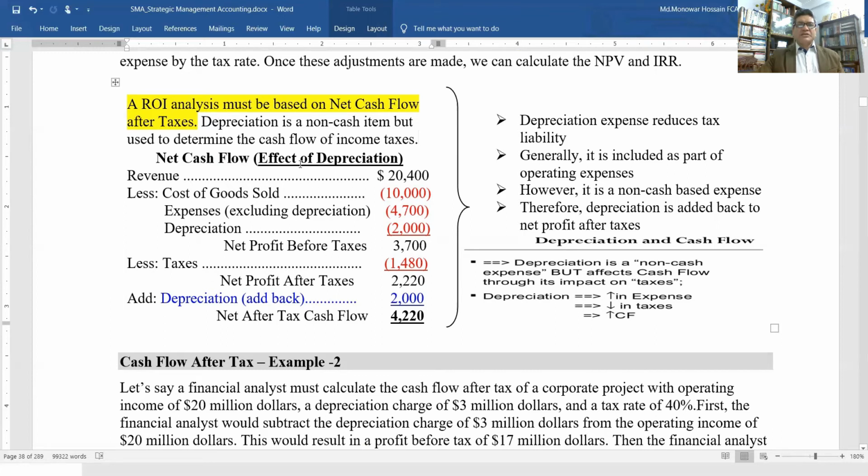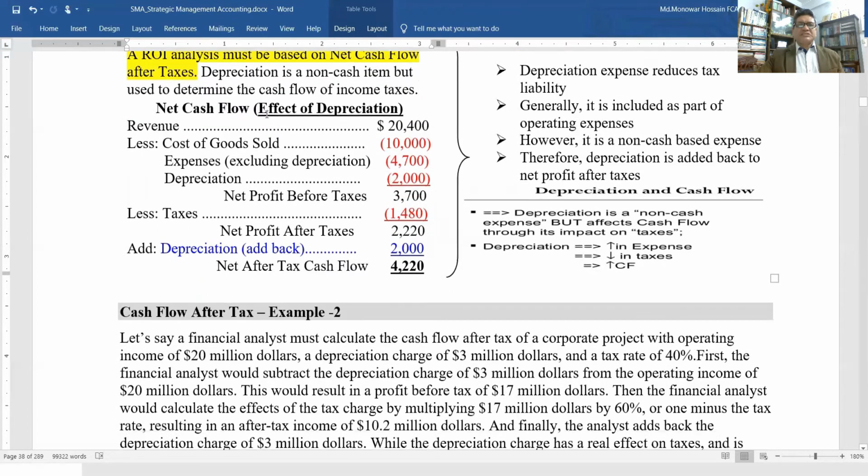Look here, the effect of depreciation. Revenue 20,400, less cost of goods sold 10,000, expenses excluding depreciation 4,700, and depreciation 2,000. So net profit before tax is 3,700.